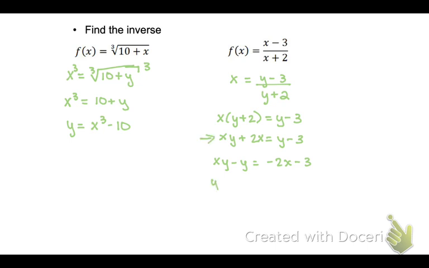So I have y times x minus 1 equals negative 2x minus 3. And then divide. So y equals negative 2x minus 3 over x minus 1.